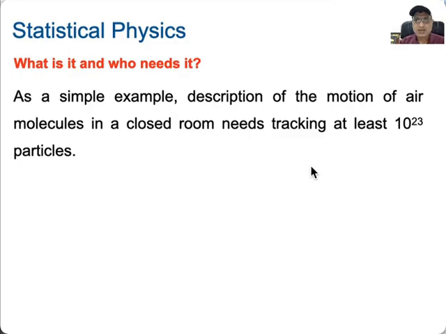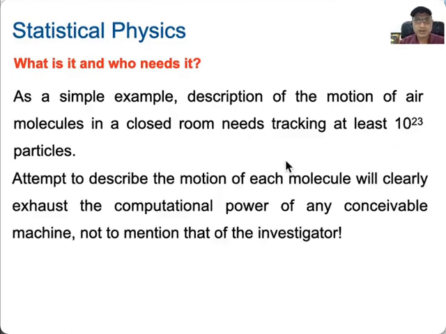This is a huge number, and it comes from the Avogadro number. Describing the motion of each molecule would clearly take all the computational power of any conceivable machine, as well as the efforts of the investigator.